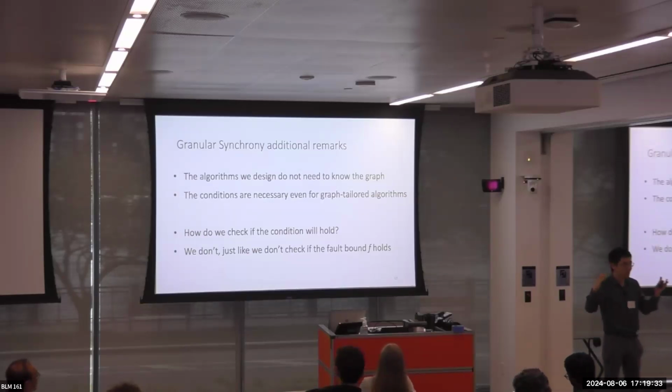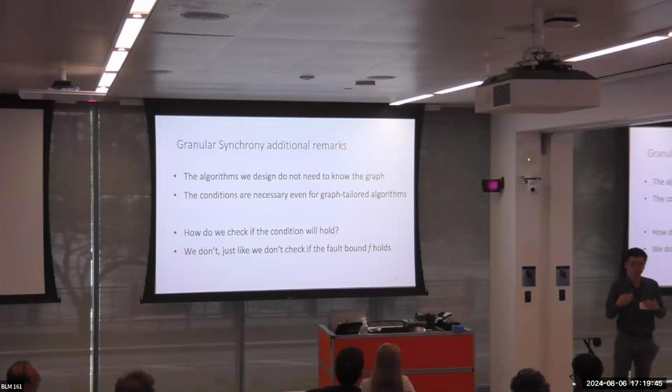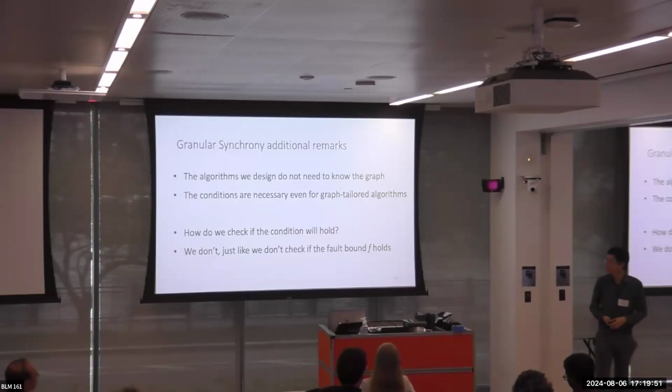And then make an evaluation whether it's believable that the adversary can at most corrupt f nodes. We never did that. We just assume that's the case. If it holds, great. If it doesn't hold, then we're screwed. But that's life. We couldn't do better.